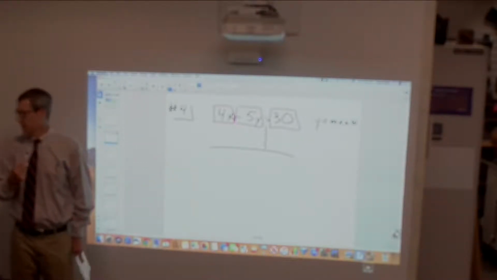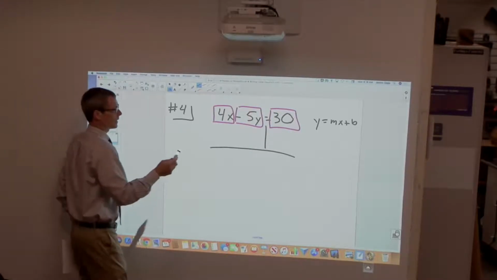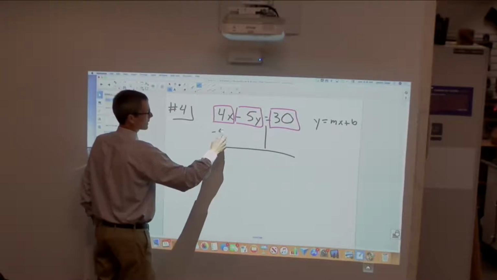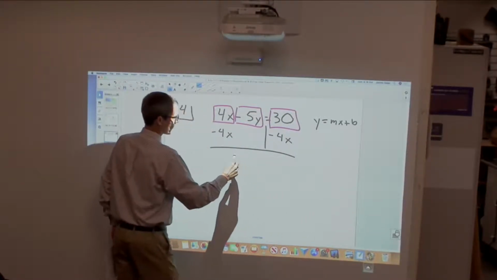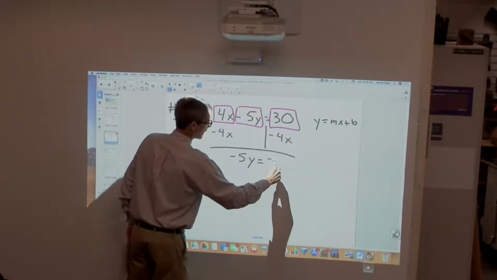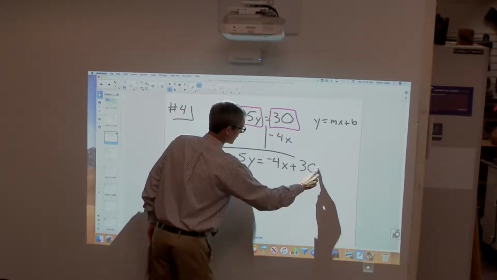As soon as I cross the equal sign, I have to use my math, like we're keeping the equation balanced. And so in order for me to get the 4x over to the other side, I need to subtract it from both sides, minus 4x. And now I have negative 5y left on the left, and I have negative 4x plus 30.